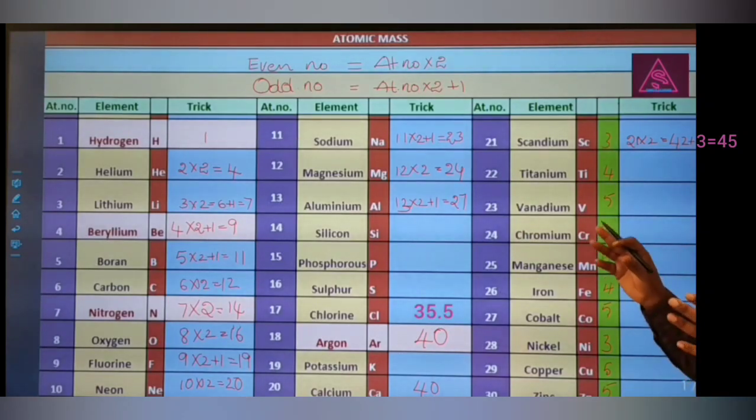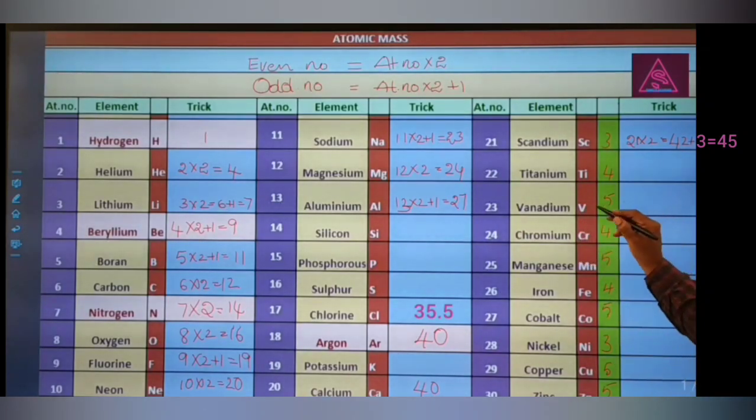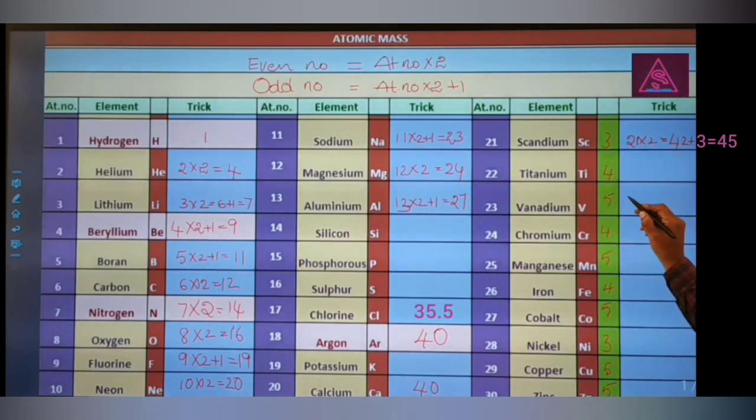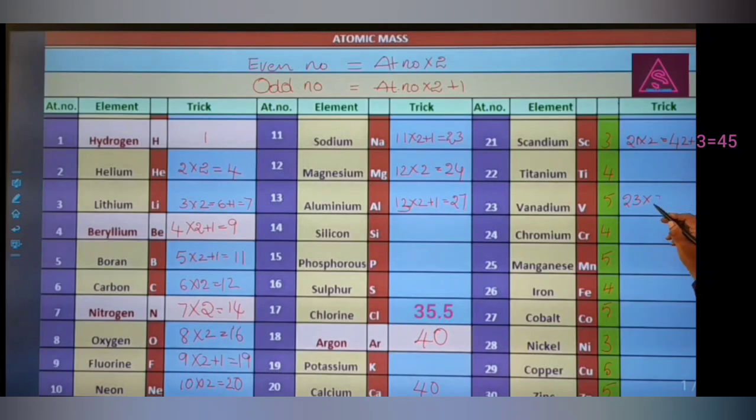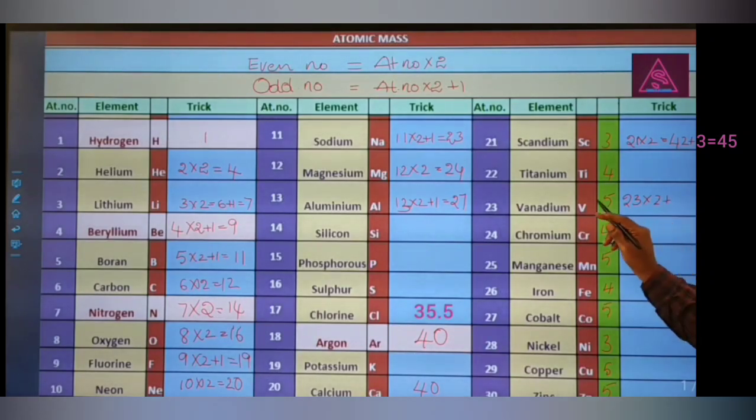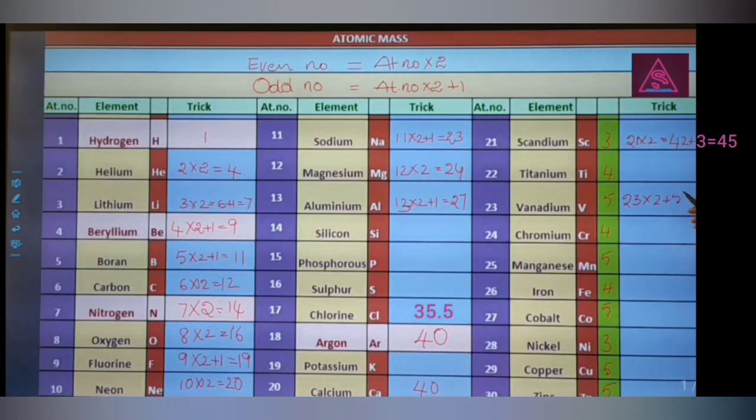When we go to vanadium, the atomic number is 23, 23 into 2 plus 5. That means 23 into 2 is 46 plus 5, that is 51. Its atomic mass is 51.